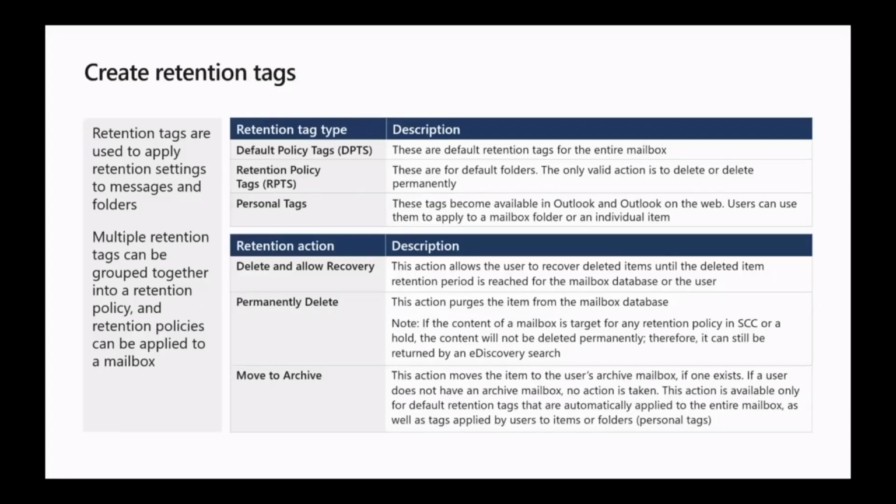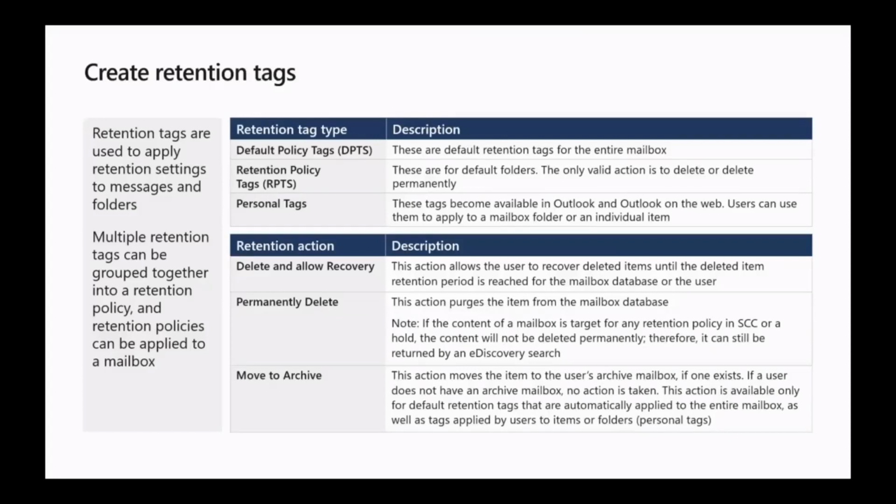Okay. And well, for example, the retention action could be, for example, to permanently delete an item. This action, of course, will purge the item from the mailbox database. And well, as a side note, if the content of a mailbox is targeted by any retention policy in the security center or a hold, the content will not be deleted permanently.